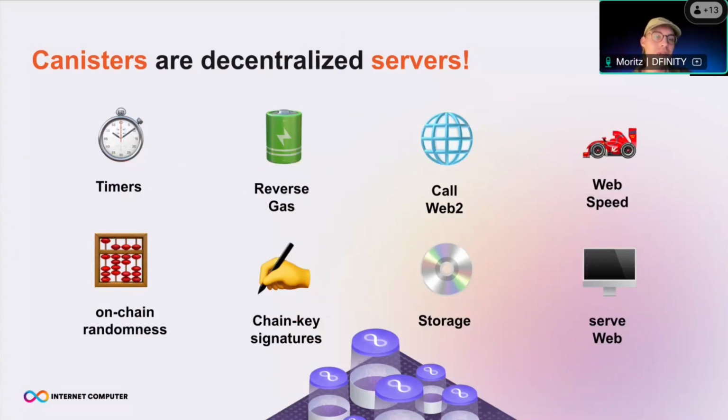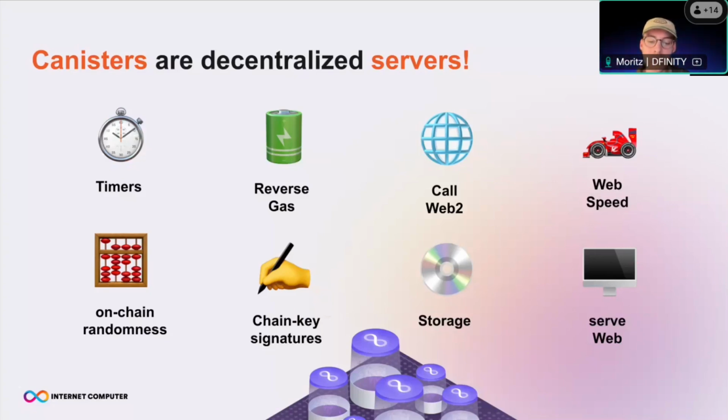Another really nice feature is that canisters have access to a lot of storage, so they can store a lot of data. Currently, a single canister can store almost 400 gigabytes of data, with plans to enable terabytes in the future. And it's not like, for example, IPFS, where you can basically only store immutable data.